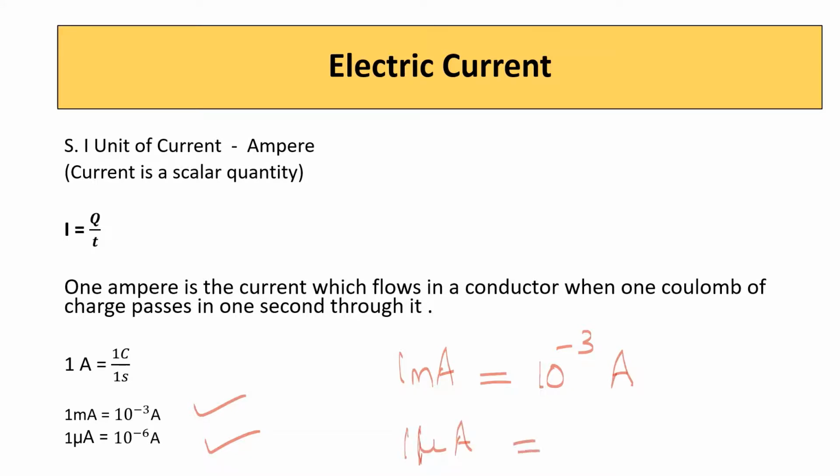Microampere is 10 raised to minus 6 amperes. When you see this symbol micro, it will be always 10 raised to minus 6. Milli, it will be 10 raised to minus 3. This milliampere and microampere are the smaller units to measure current.